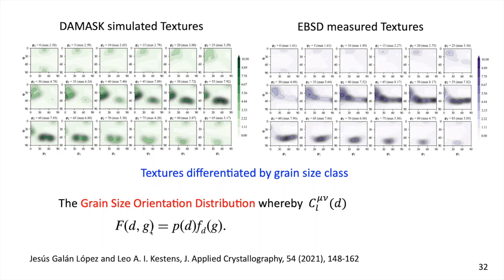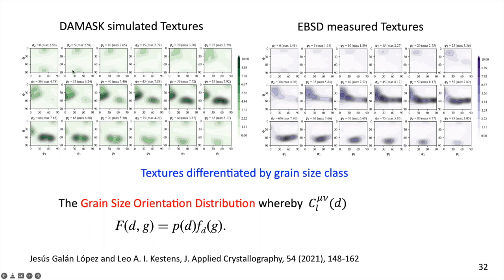Last year, we published a paper with Jesus Galan Lopez in which we considered the grain size distribution and orientation distribution, with a statistical distribution function consisting of two parts, a grain size part and a crystallographic part.